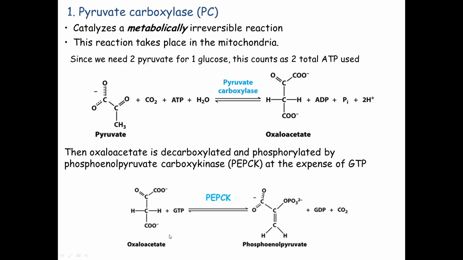So we lose the CO2, that's a favorable thing. We hydrolyze a GTP, that's a favorable thing. And we make a very unfavorable or unstable phosphoenolpyruvate. Overall, the delta G of this is still not negative. It's crazy. We're losing a CO2, we're hydrolyzing a GTP. You know how that's a negative 7.3 right there.